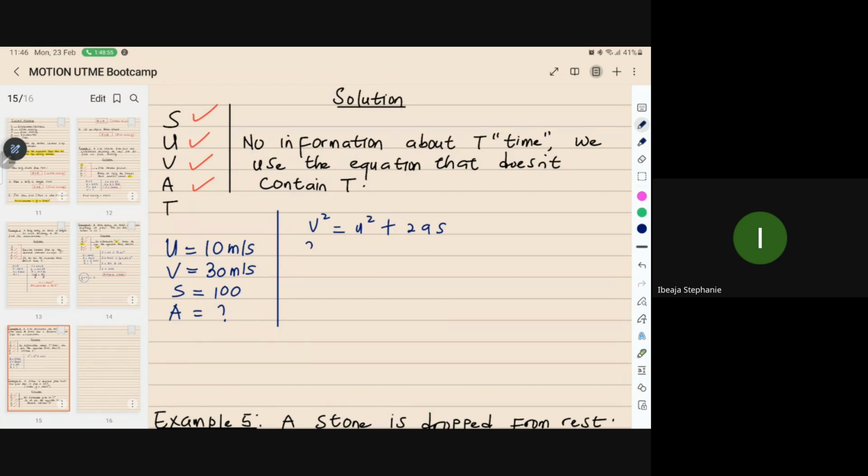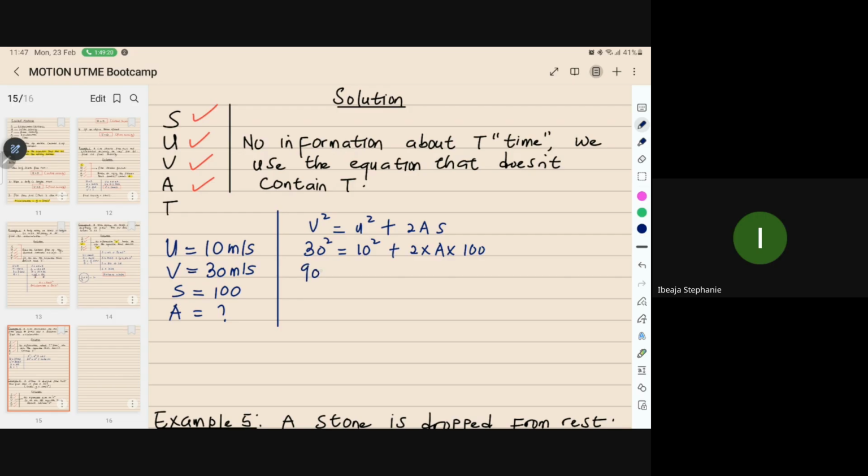So this is 30 squared is equal to 10 squared plus 2 times acceleration here. Let me use capital letter A so that I always know that this is the A that I'm looking for, multiplied by 100. So 30 squared, 30 times 30 should give us 900. Am I correct?